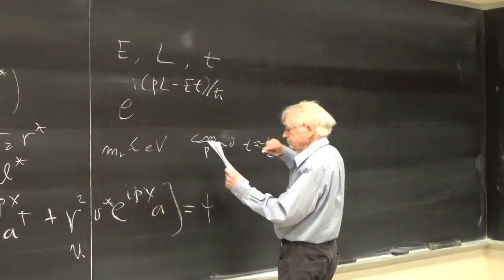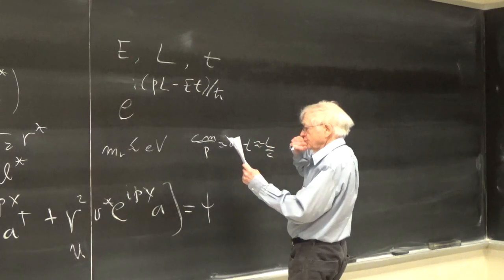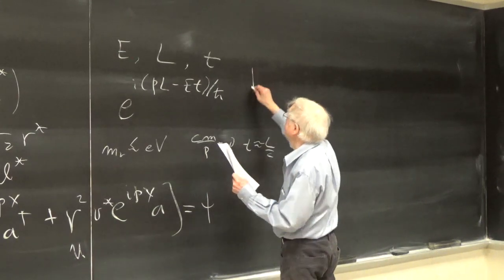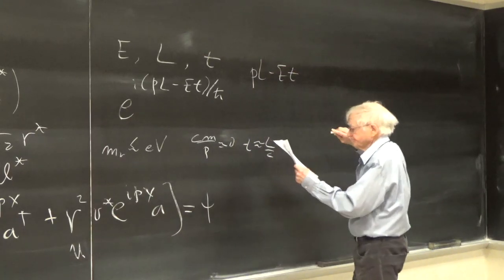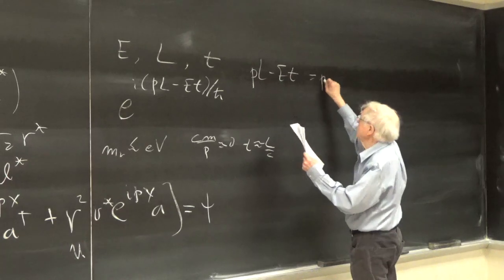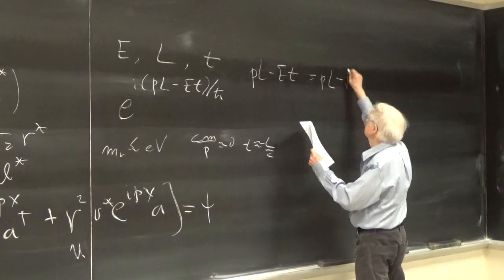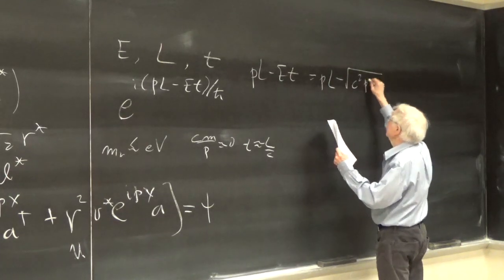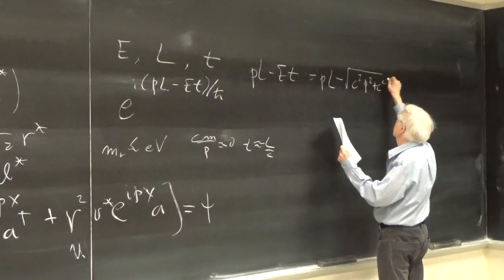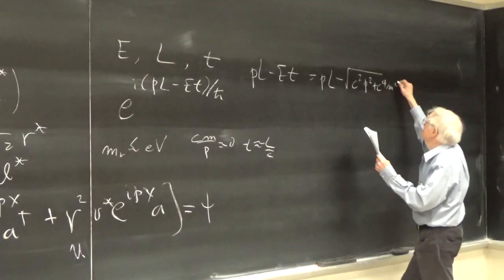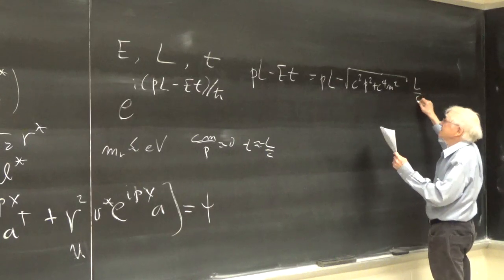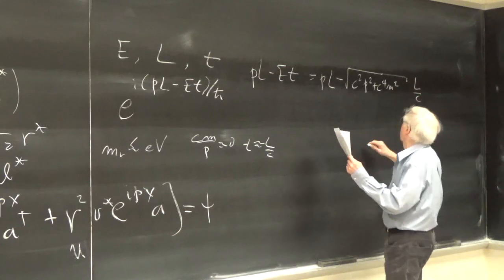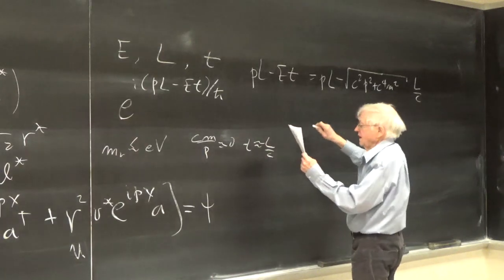And so the argument here, pL − Et, is pL minus the square root of c²p² + c⁴m², times L over c, L over c being t.